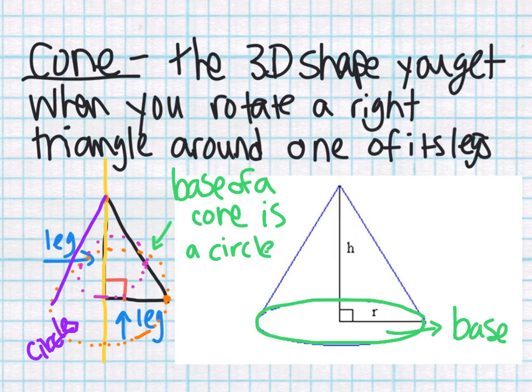And since it's a circle, it has a radius. The radius goes from the center of the circle to the edge, just like in all of our other circles. And then, just like in the others, height is measured from the base to the very top of this object, but it has to make a 90-degree angle with the base.